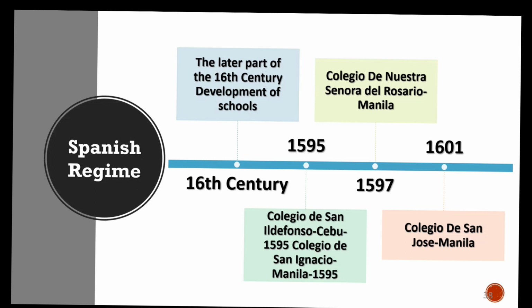Then in 1597, Colegio de Nuestra Señora del Rosario. Then in 1601, Colegio de San Jose, Manila. You would notice that during the Spanish regime, schools were established and the names are after the saints. That is in the 16th century.